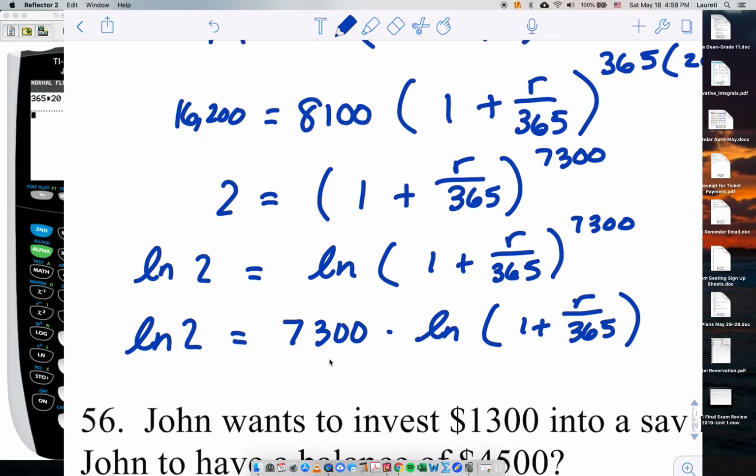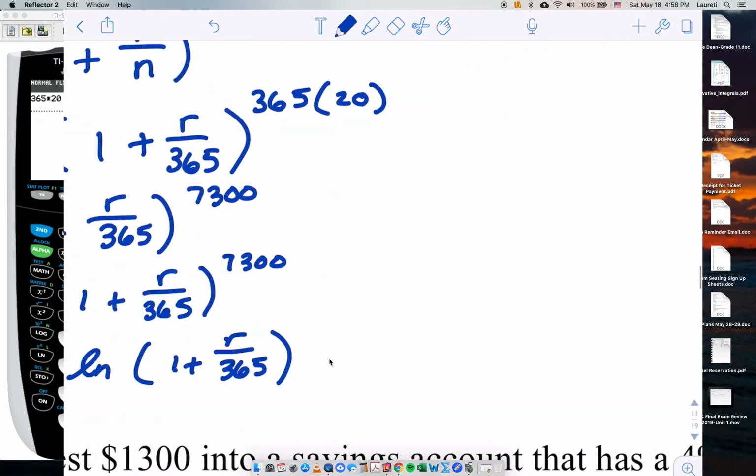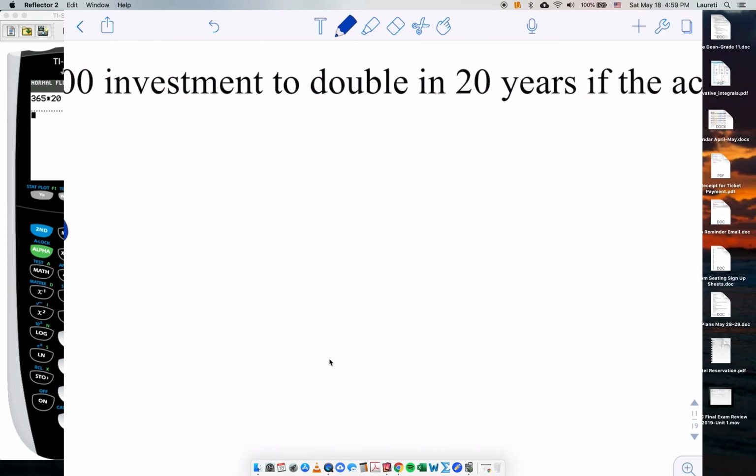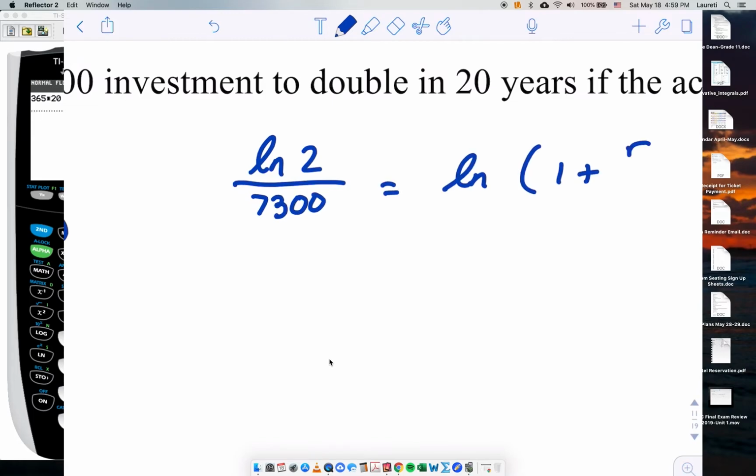My next step is to divide the 7,300 over. So that's ln of 2 divided by 7,300 equals natural log of 1 plus R over 365.